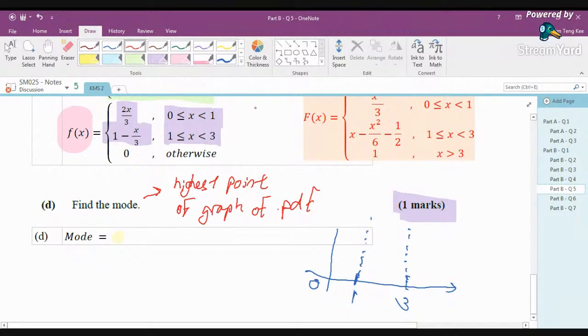So this is a rising straight line. Therefore, maybe there's something like this. But it cannot include 1, it includes 0.